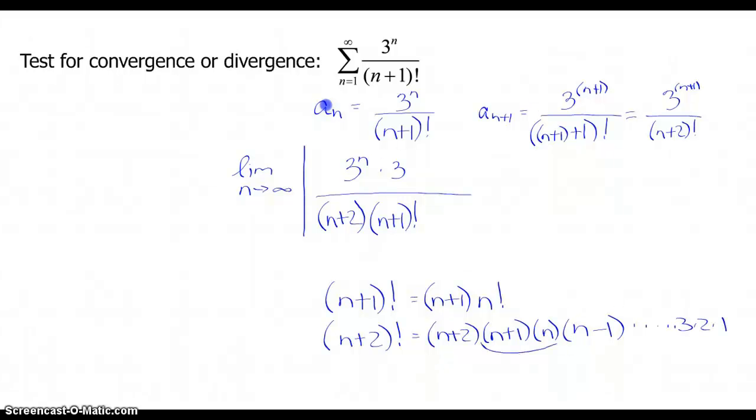And we can see right here that n plus 2 factorial is n plus 2 times n plus 1 factorial. So it's perfectly fine for us to rewrite that in this way.